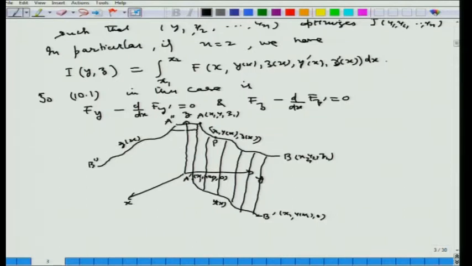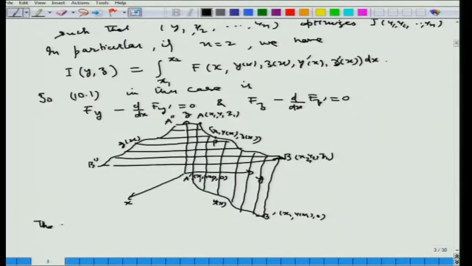So, it will give us a surface like this, and so here this curve x, y(x), z(x) is the intersection of two surfaces.